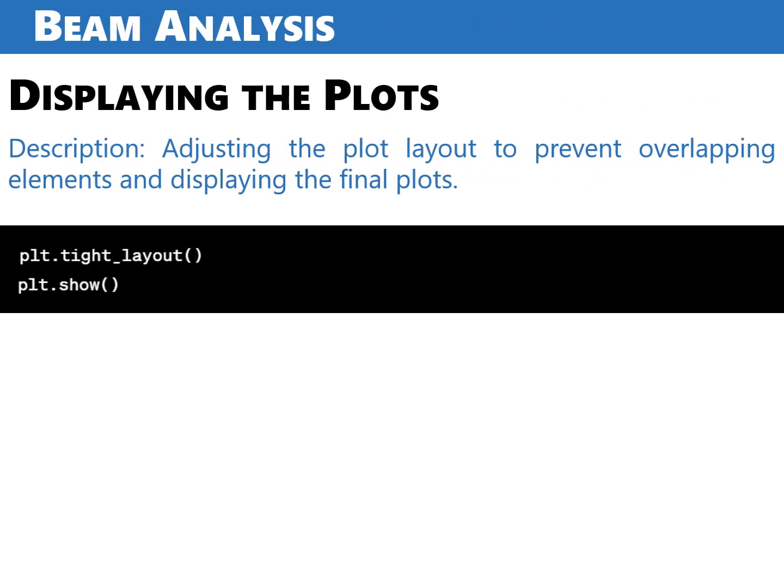After those plotting commands, plt.tight_layout and plt.show can be used to plot these graphs and display them on the Jupyter notebook. Tight layout will ensure that no overlapping will happen between the elements, and plt.show will display the actual plot created.